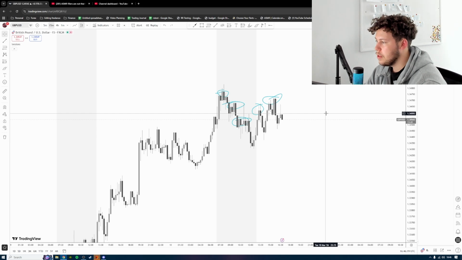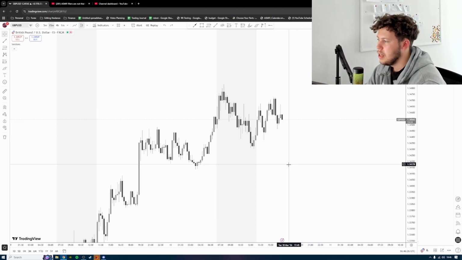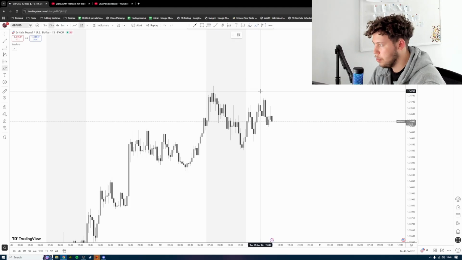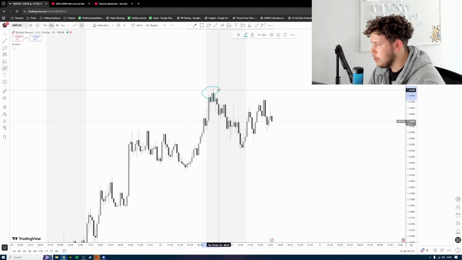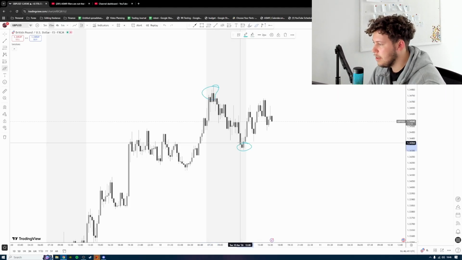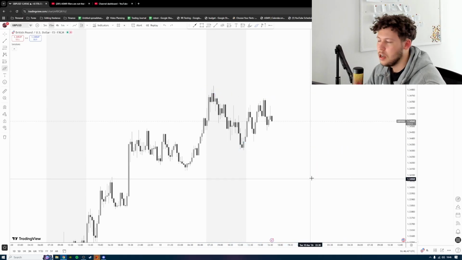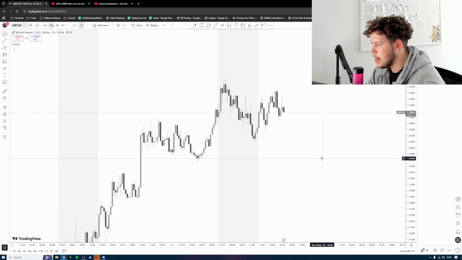Now the problem is sometimes you can choose the wrong high or an insignificant high. So to make it easier for yourself, just focus on highs that cause some sort of influential move or are at the top or bottom of a swing. And what I mean by that is you have this swing high and this swing low. So these are your two major ones. If you break out of either of these, you could probably expect price to go in that direction.